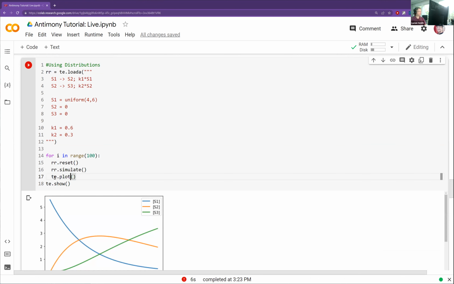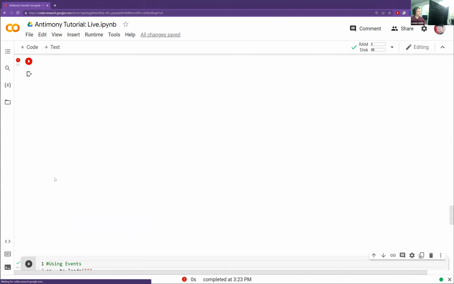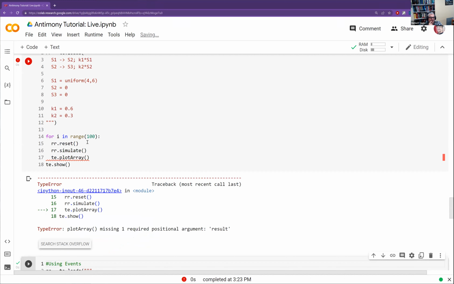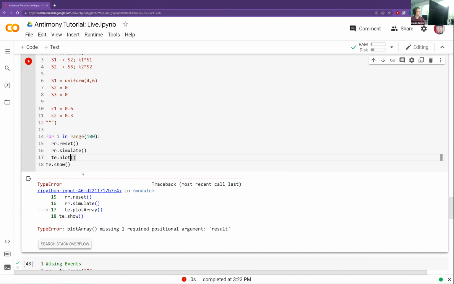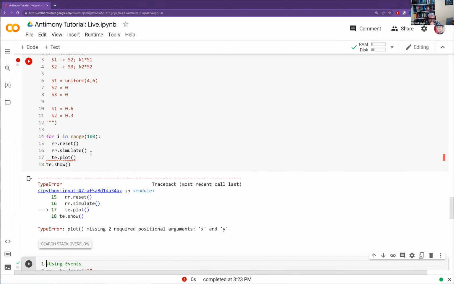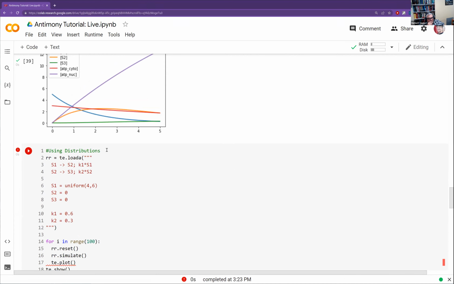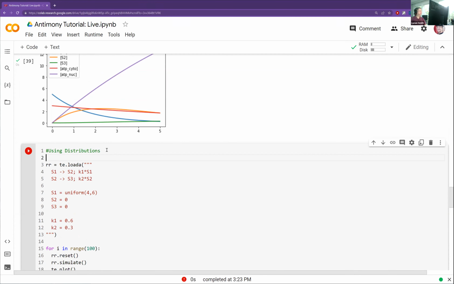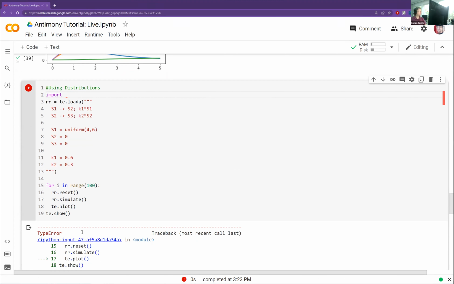Plot array. I think, is that it? No, that's not it. Just try te plot? Maybe. I always forget this bit. Okay, never mind. What I remember is how to do this in Matplotlib. I think plot array will work, but you have to plug in the result as an argument.